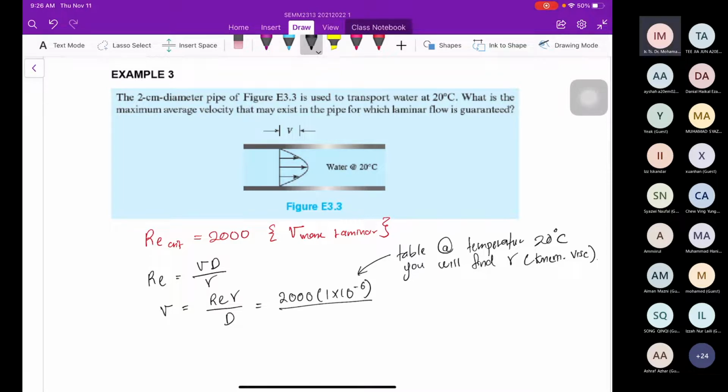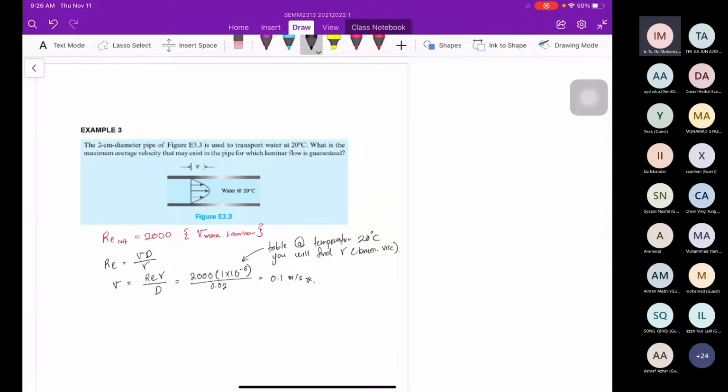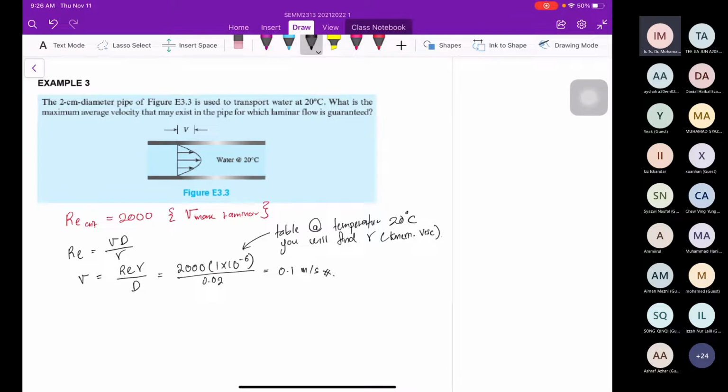Divide with the diameter of the pipe, which is 0.02 meter. So you will get 0.1 meter per second. So 0.1 meter per second is the maximum speed for the water to flow. More than this speed, it will become turbulent.